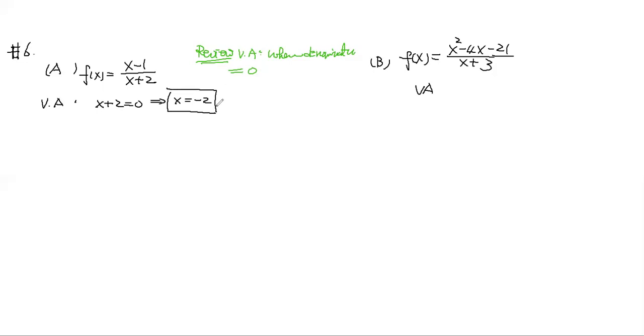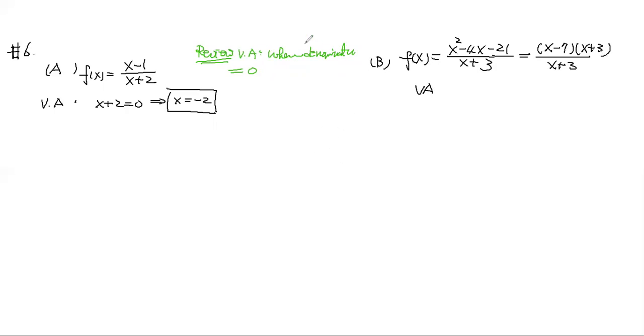Okay, so for problem B here, we need to be careful. For your functions, the first thing you want to look at is whether you are able to factor or not. In this one, you can factor: this is x minus 7 times x plus 3.